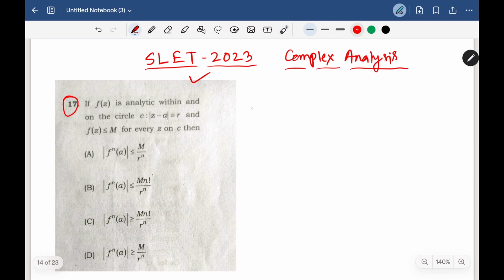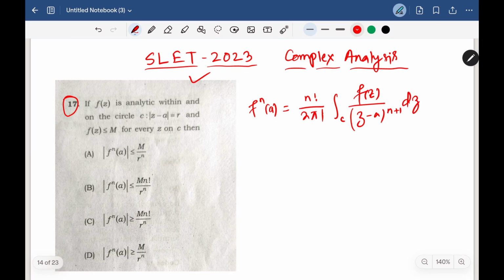So we know the formula for f^n(a) is equal to n! by 2πi times the integral around C of f(z) divided by (z - a) to the power n+1 dz. This was the formula.